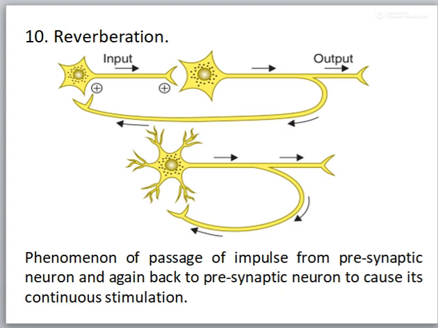The nervous system is a network of fibers, and in this network a branch of the axon of a neuron may connect with its own dendrite, and this causes reverberation of the impulse through the same circuit again and again. This is prevented to some extent by the phenomenon of synaptic fatigue.